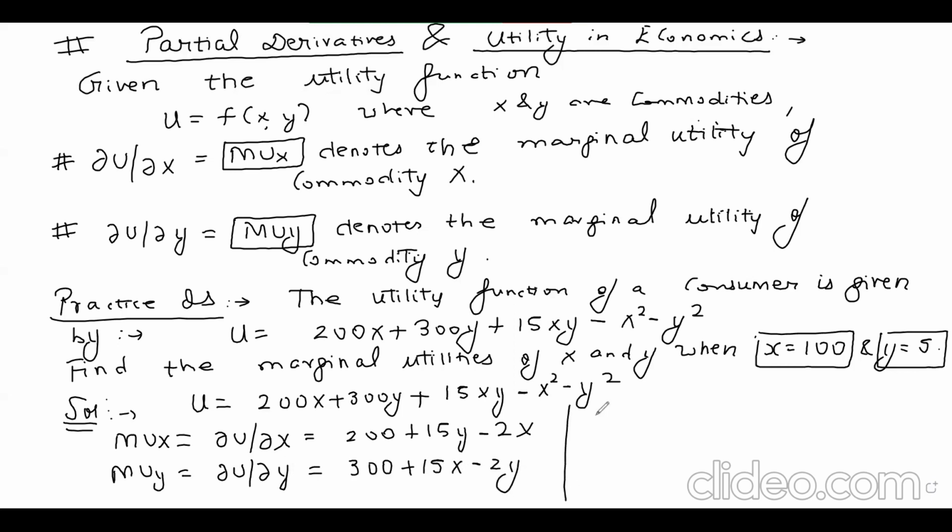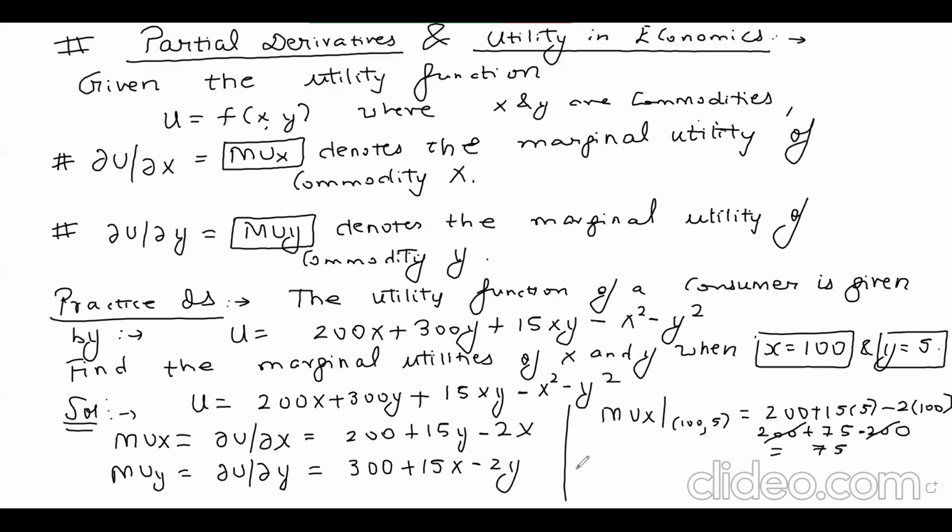Now, if I calculate the marginal utilities, MUX at 100, 5, where x takes the value 100 and y takes the value 5, I just put x as 100 and y as 5, so it becomes 200 plus 15 into 5 minus 2 into 100. This is 200 plus 75 minus 200, which is 75.